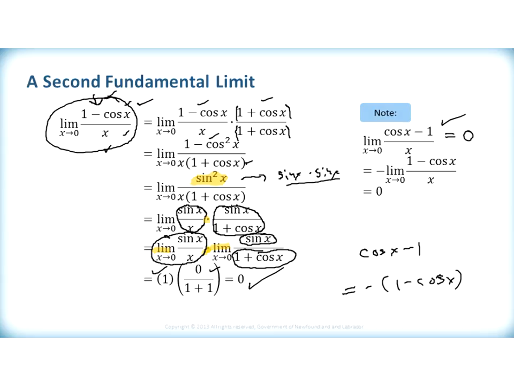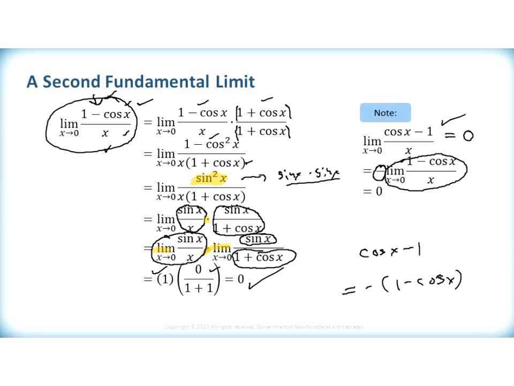And limit laws tell me that I can take the negative and put it out in front of my limit, just like a constant multiple. So I know that this part of the limit is equal to 0, and negative 0 is still just 0. So either way we look at it, that limit is equal to 0. It doesn't matter what order the terms of my numerator are, so the limit of the conjugates, both of them over x, is equal to 0.